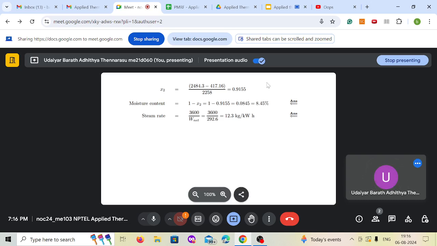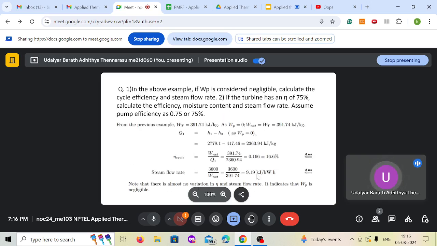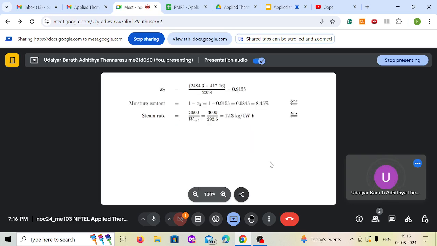So the inference which we are getting is, we'll see the steam rate also first. The steam rate is 3600 divided by net work. So this comes out to be 12.3 kilogram per kilowatt hour. Ideally it was 9.19 kilogram per kilowatt hour. Now it is 12.3. So what is happening now?